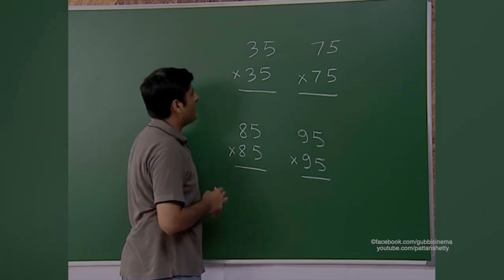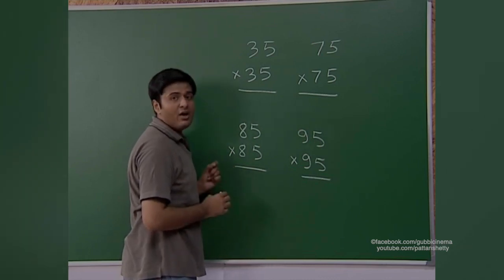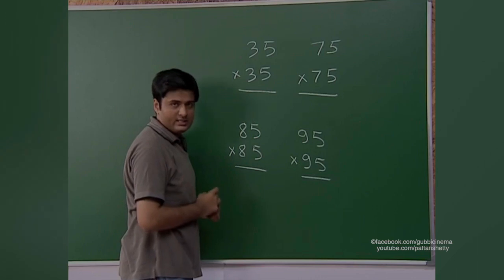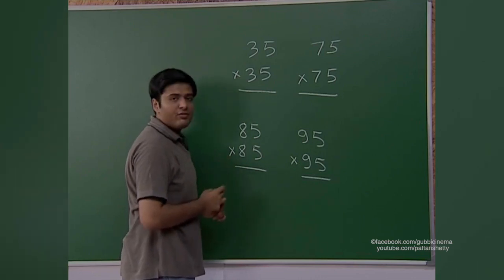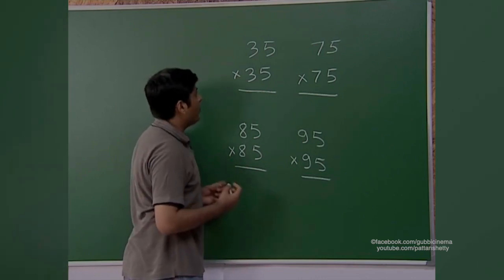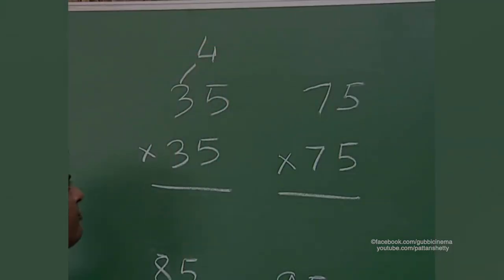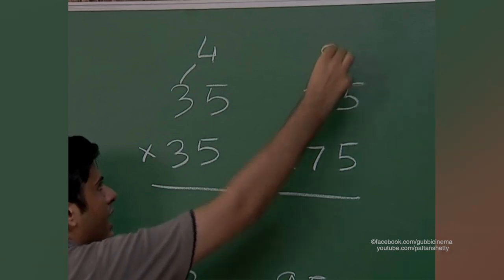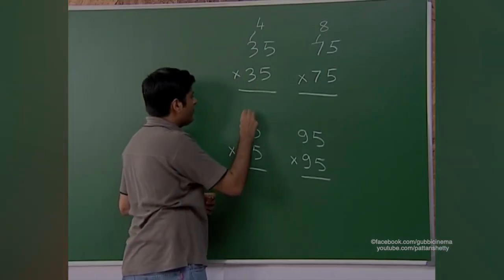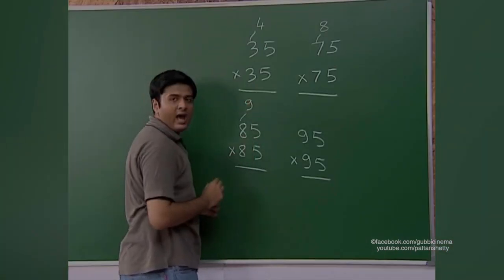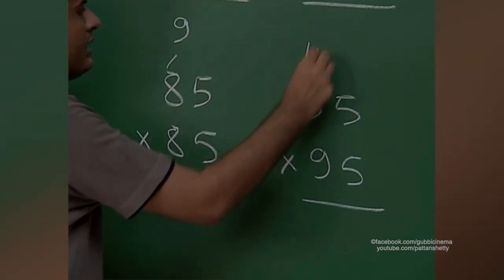Vedic Math says we can find the answers of such questions very fast. Let us see how that is done. Ask yourself, what comes after 3? Now we know after 3 comes 4, after 7 comes 8, after 8 we have 9 and after 9 comes 10.